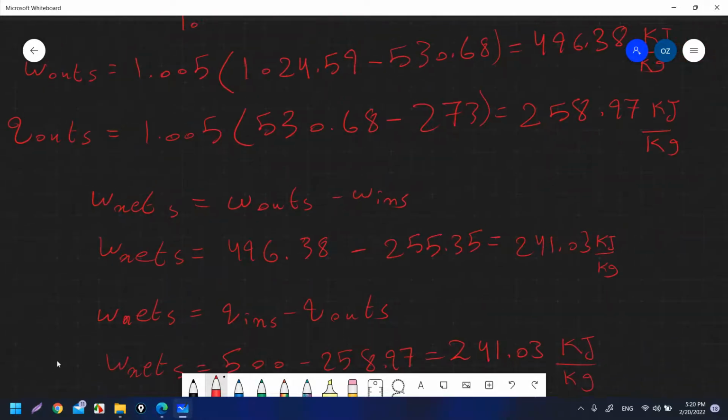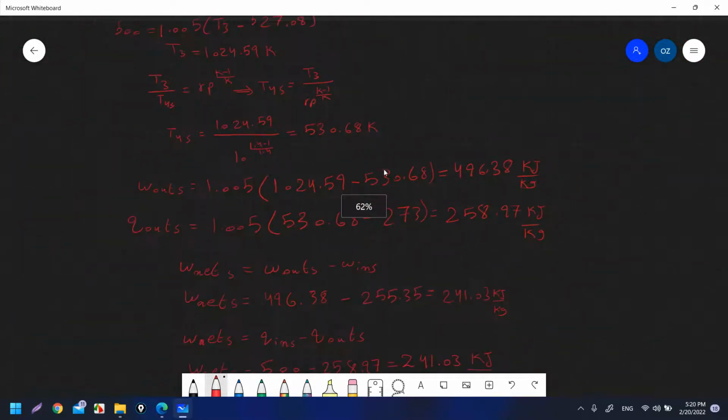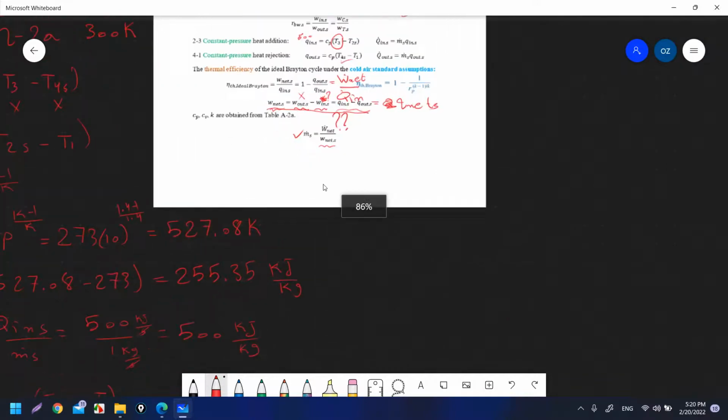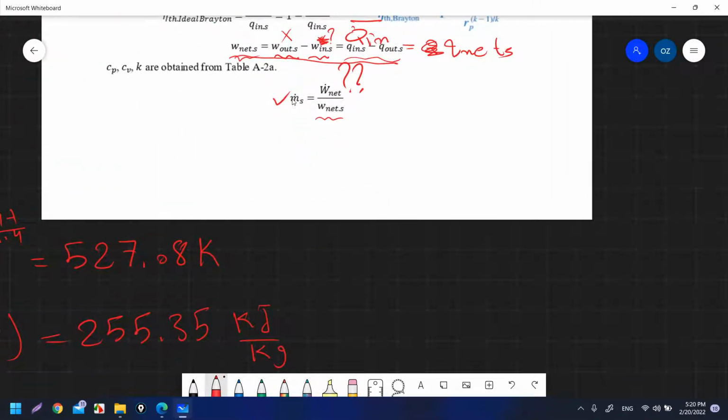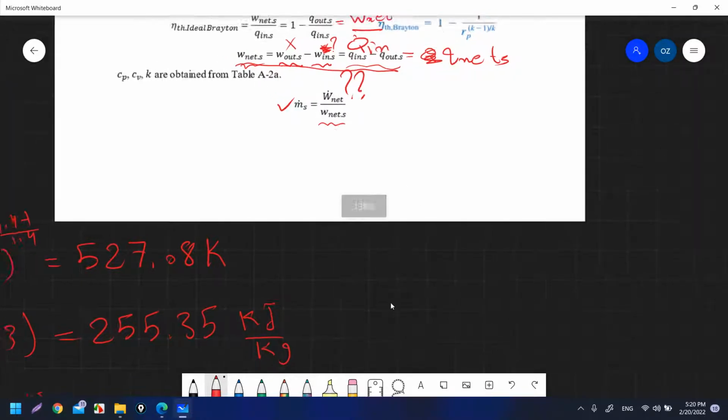Okay, and then finally we can find W dot net, because the m dot s is given in the question, and we calculated W net S, so we can find the power.